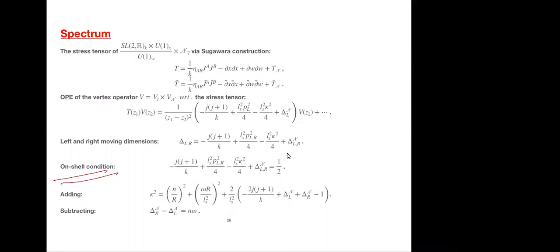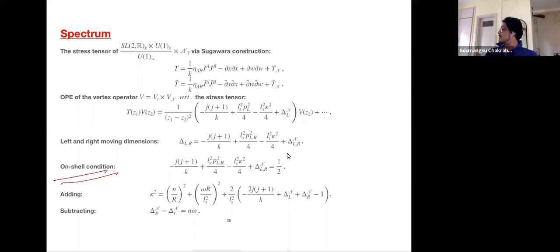But then how would you know what the spectrum is? This is what is concerning me. There's a difference between, say, type 2A and type 2B, which comes basically from GSO, which chirality you choose.